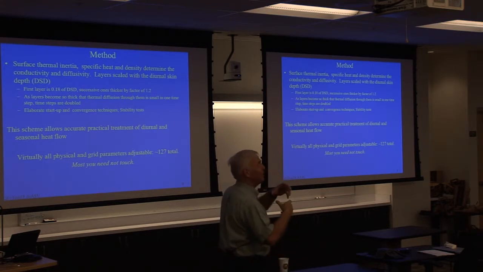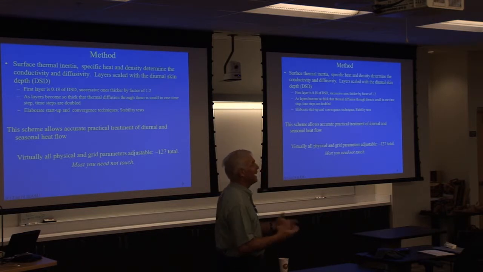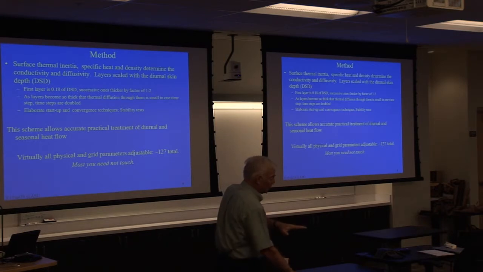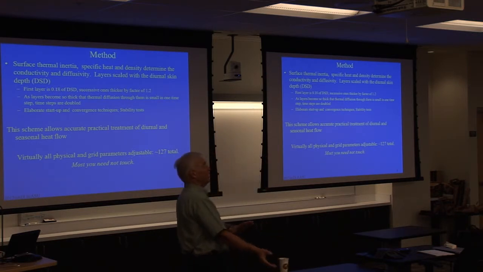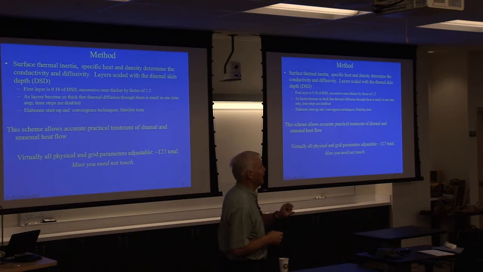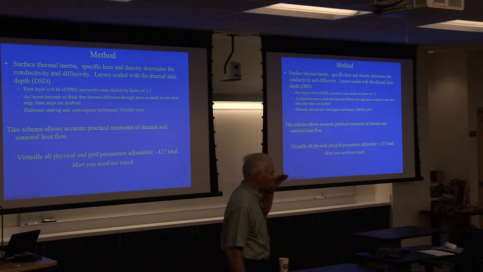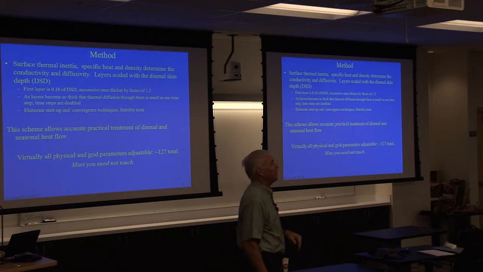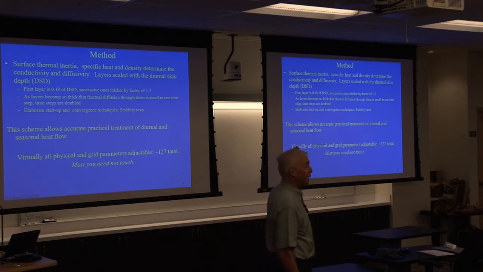The layer thickness adopts that and is scaled to the local diurnal skin depth, even though it could be well inside the material. And that's actually the safer way to run this program, where the layering thickness is in terms of its local diurnal skin depth, its local diffusivity, actually. The layers are scaled to the local diffusivity, or they can be scaled everywhere to the top diffusivity.